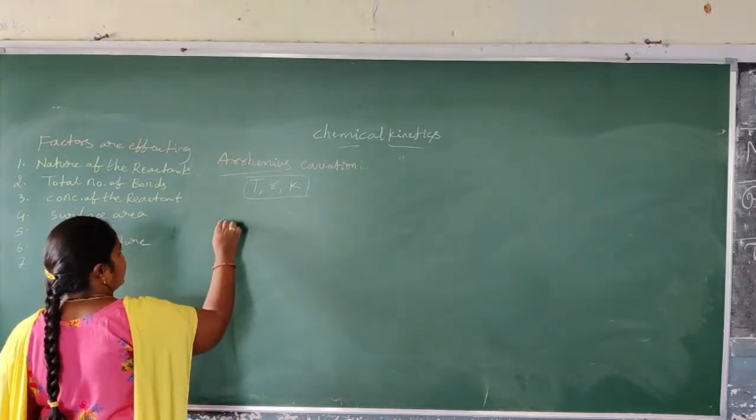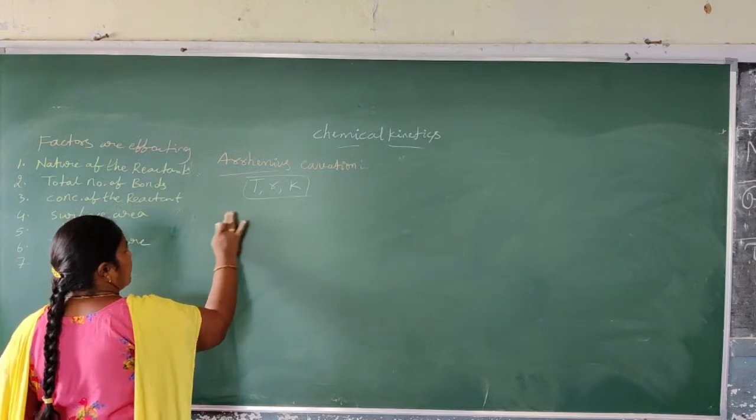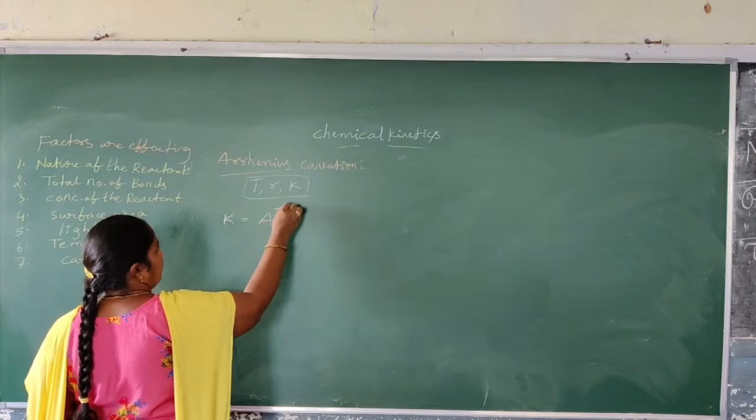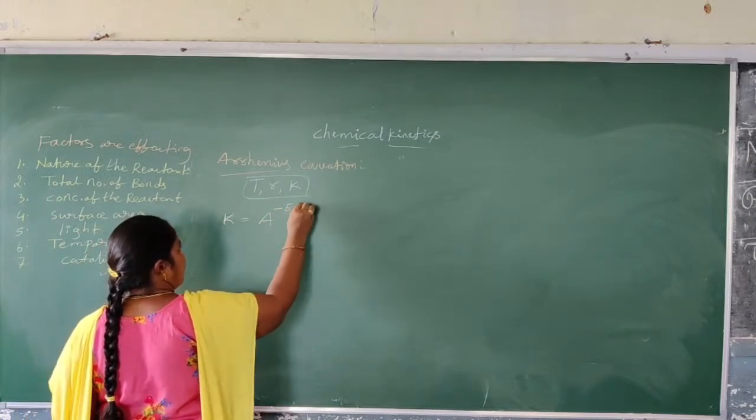The Arrhenius equation is K equals A e to the power of minus EA by RT.